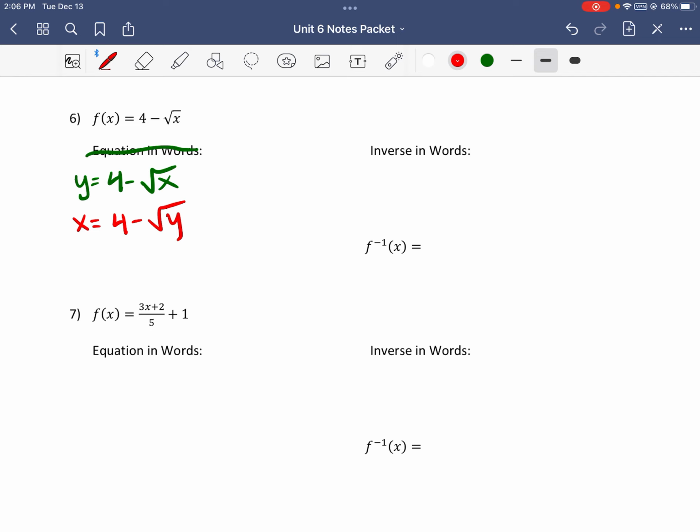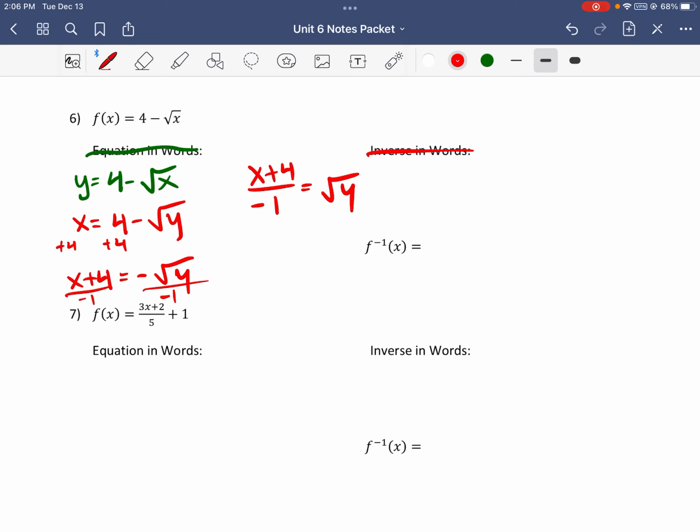Okay. Now our job is to get y all by itself. The first thing I'm going to do is add 4. I now have x plus 4 equals negative square root of y. Okay? We need to divide by a negative 1. And we'll get x plus 4 over negative 1 equals square root y.